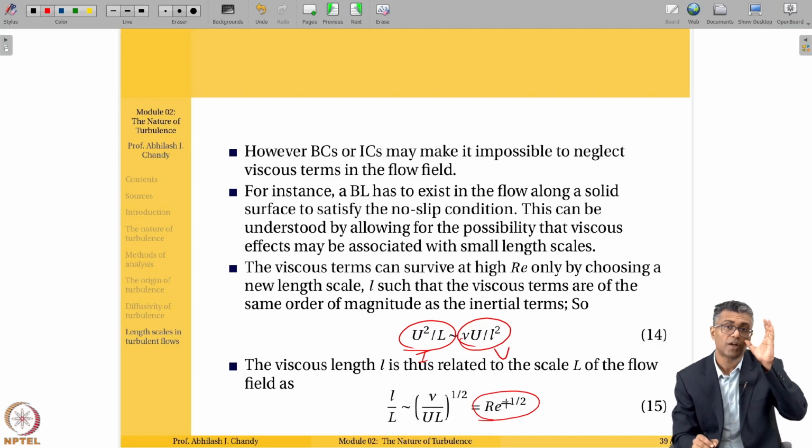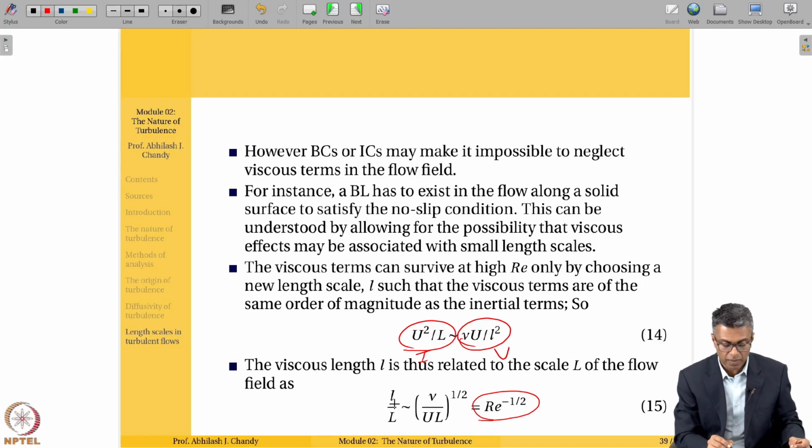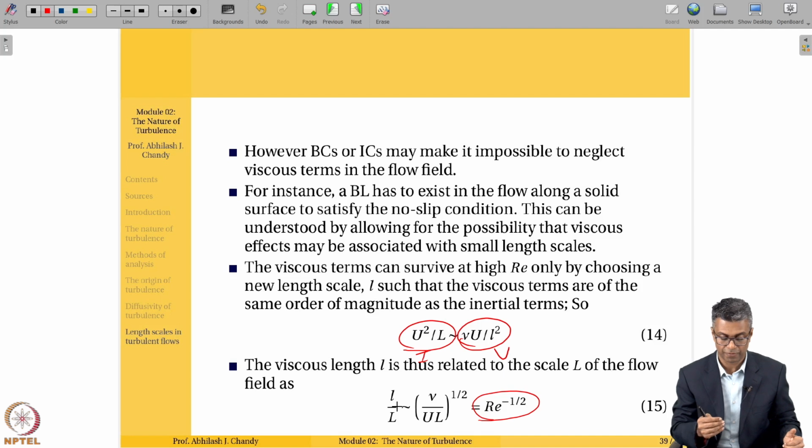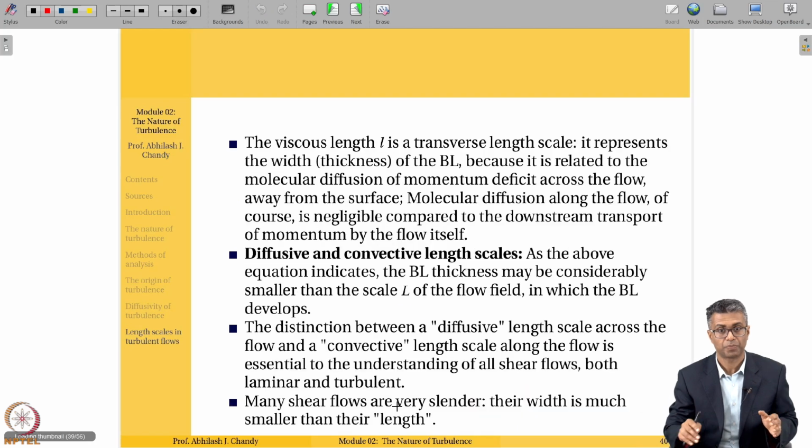That means if the Reynolds number is really large, which it is for a turbulent flow, then the gap, the difference between small l and capital L is large as well. Okay, it varies as Re to the negative half. So that gives you an idea of the viscous length scale in comparison to the large length scale, correct?